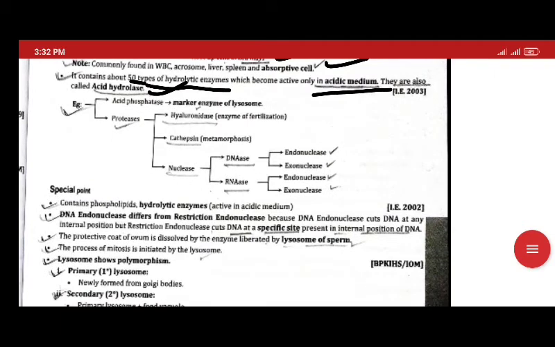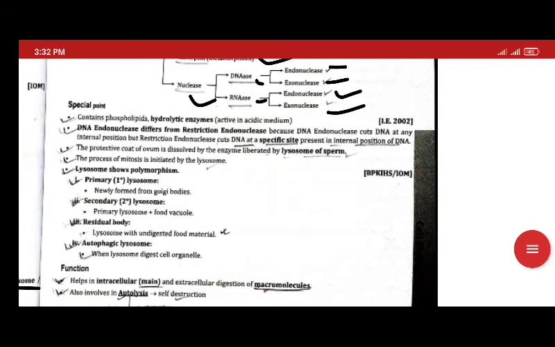Acid phosphatase is the marker of lysosomes, along with protease, and nucleases for DNA and RNA, endonuclease and exonuclease. These are active only in acidic medium, and are for cutting. Restriction endonuclease cuts.